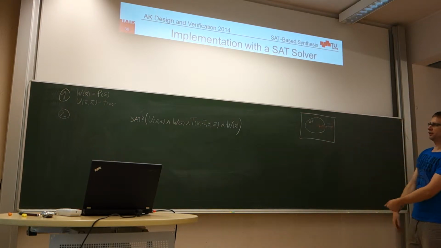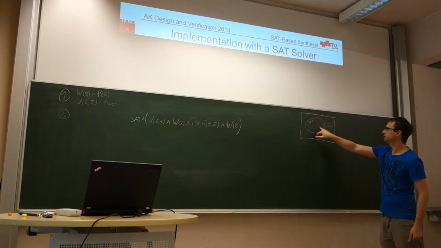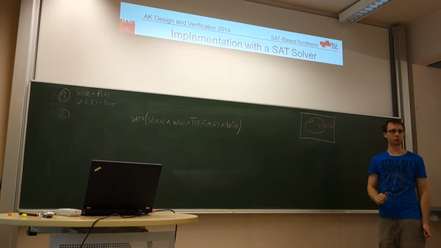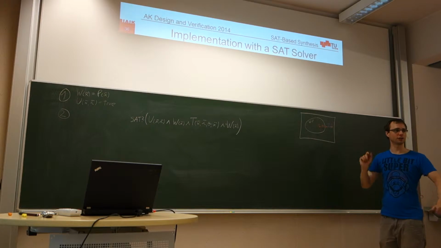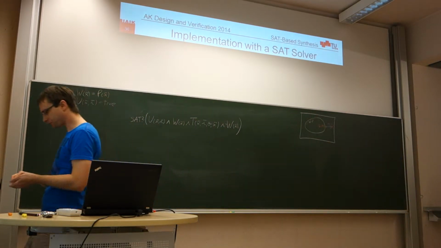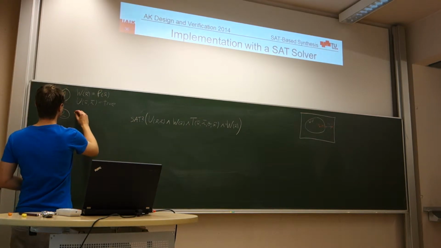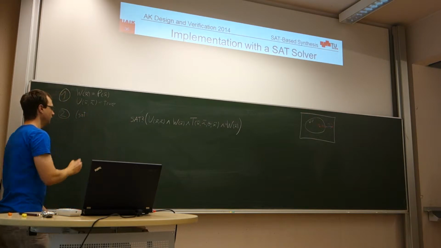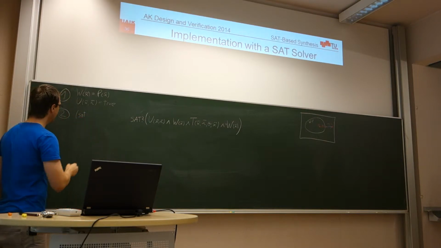So basically this query just asks whether there is some transition from inside of W to outside of W with some values for the inputs and some values for the outputs. Ignore this U part here. Now, as before, this solver returns either sat or unsat in this variable sat, let's say.